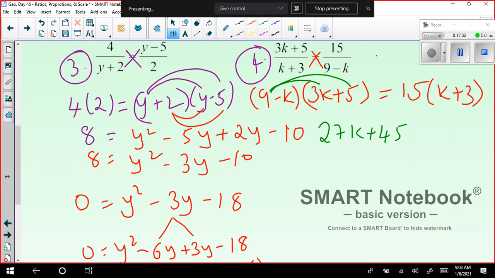And further, negative k times 3 gives us negative 3k square, and negative k times 5 gives us negative 5k. That's our left side simplification. On the right side, I'll have 15 times k as 15k and 15 times 3 as 45.